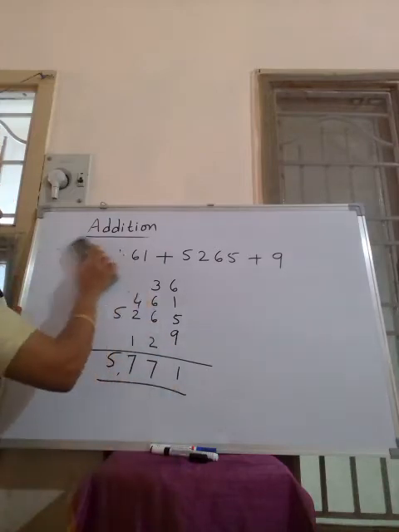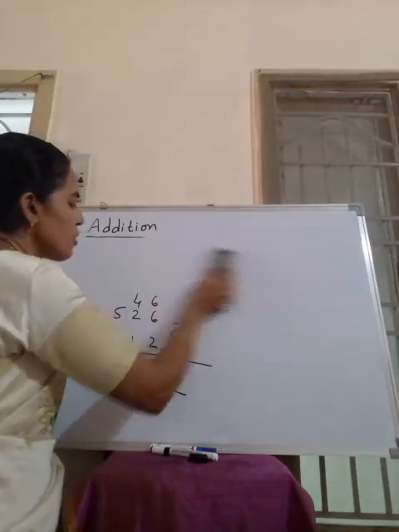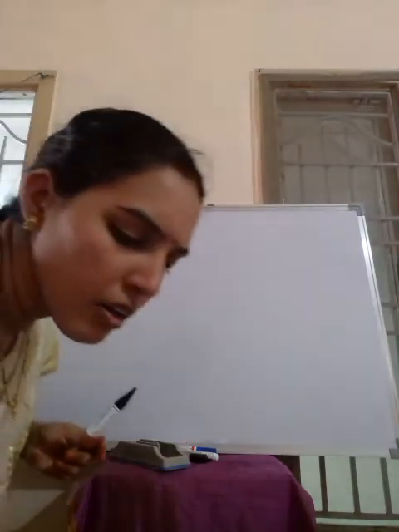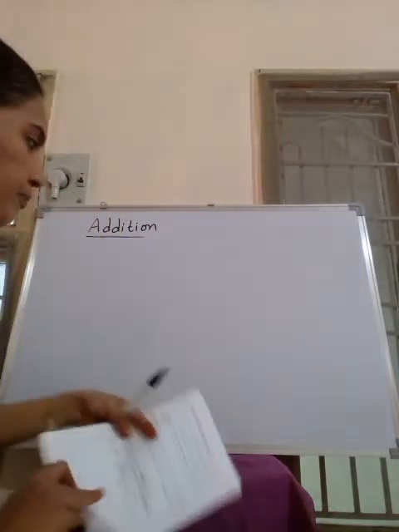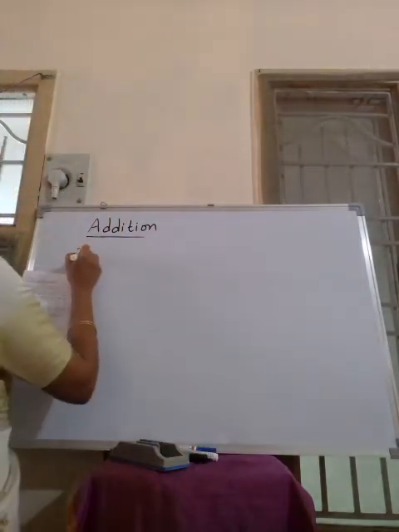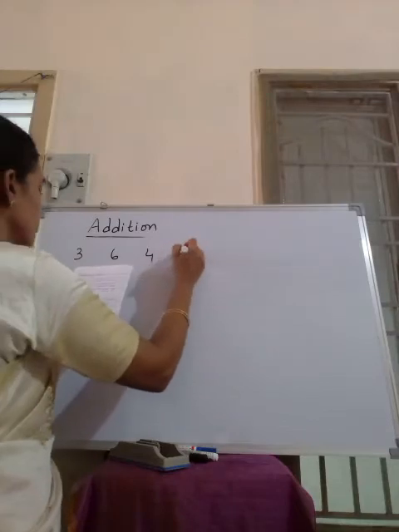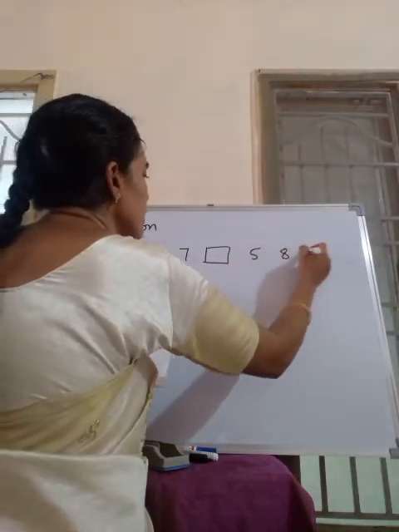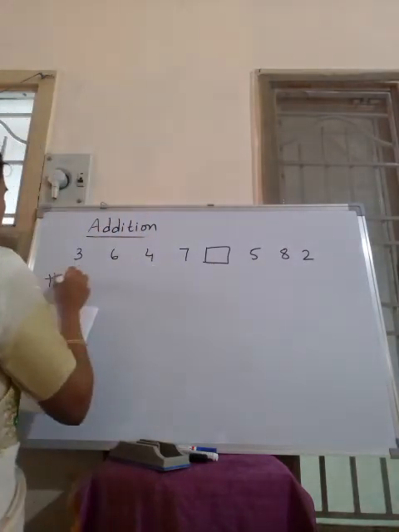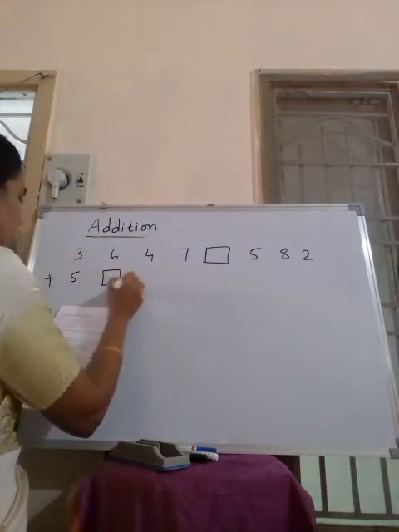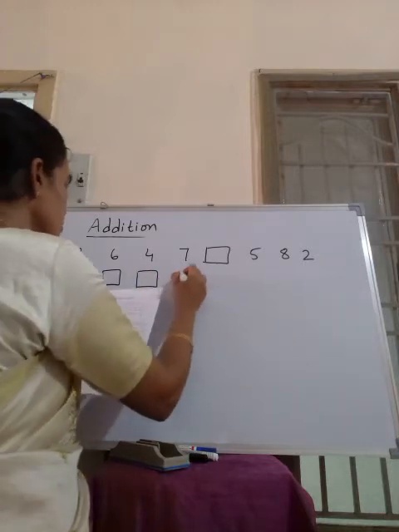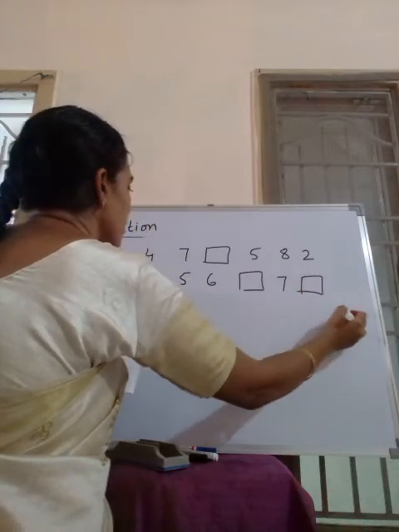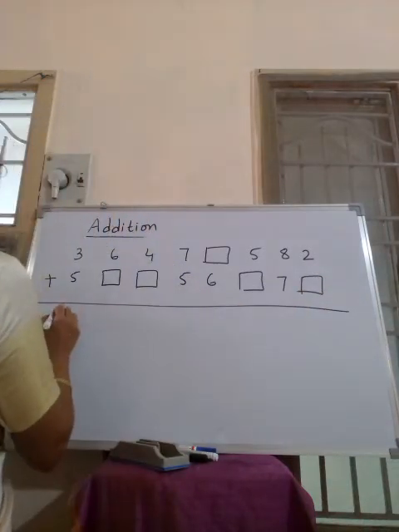Suppose they give a fill in the blank, that is, find the missing number. In that case, how do we find the missing number? Let's take one problem. One addend is 3, 6, 4, 7 with one missing number, and the other addend is 5, 8, 2. Another addend is 5, 6, blank, 7, blank, and the total is given.